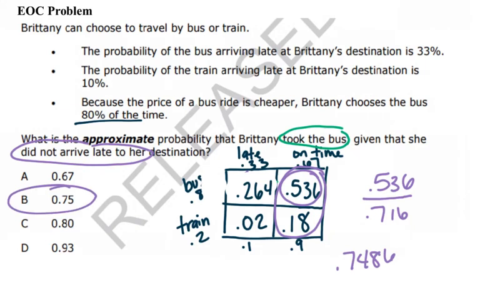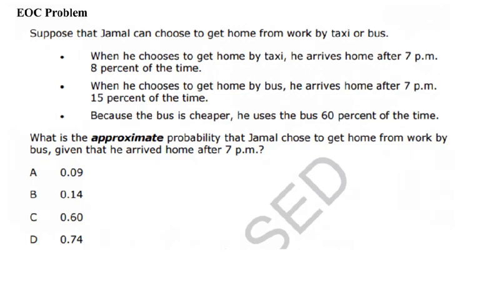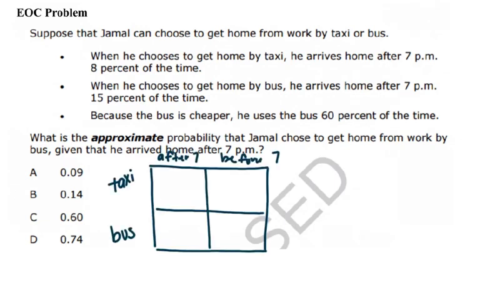Okay, so what I want you to do is look at this problem, and I want you to answer the next problem and model it the exact same way. So I want you to make a little chart for Jamal, and then we're going to answer it in the exact same way. Okay, so here are the things we're looking at. Jamal uses the bus 60% of the time, which means he uses a taxi 40%.